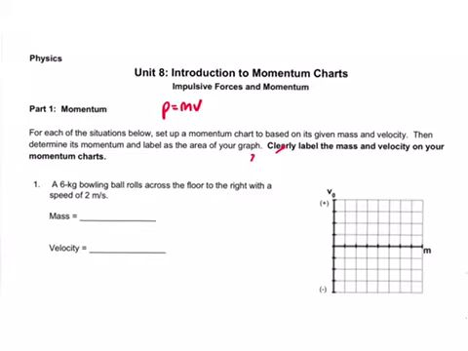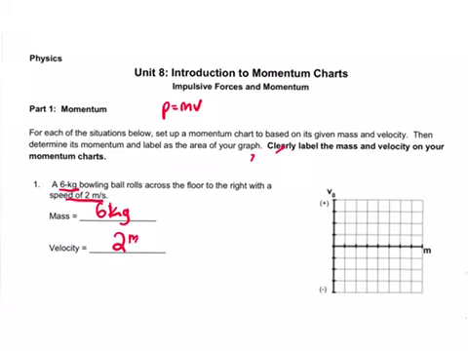Okay. So in this handout here we've got the mass. So it looks like we're talking about a bowling ball. So there's your bowling ball. It's got a mass of 6 kilograms. Okay. And we want to write down its velocity. So here we're told the speed, but a velocity also has a sign, right?